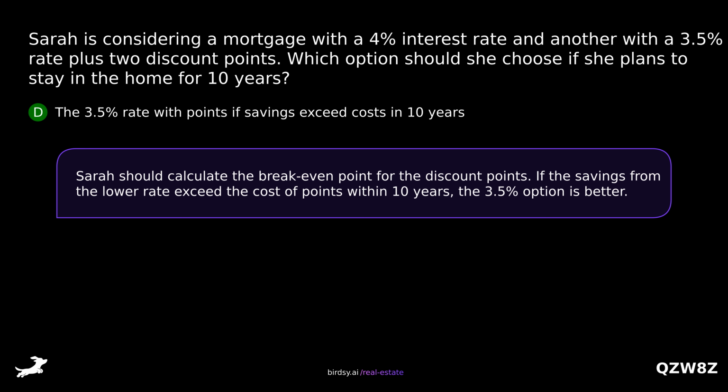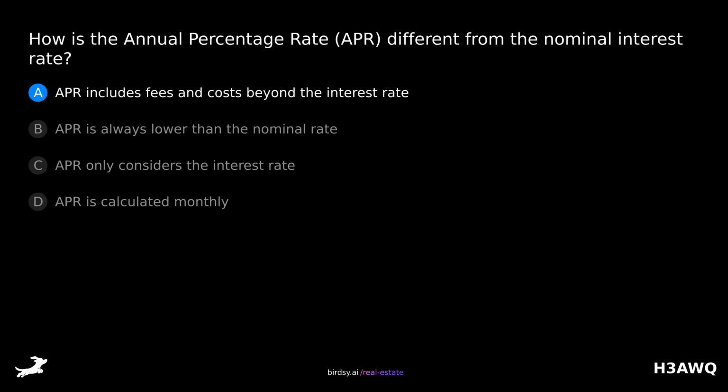How is the annual percentage rate, APR, different from the nominal interest rate? Is it A, APR includes fees and costs beyond the interest rate? B, APR is always lower than the nominal rate? C, APR only considers the interest rate?